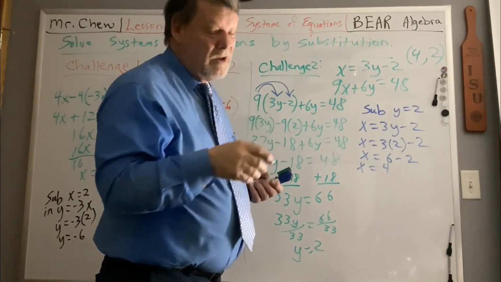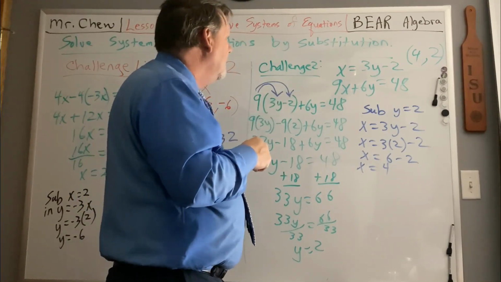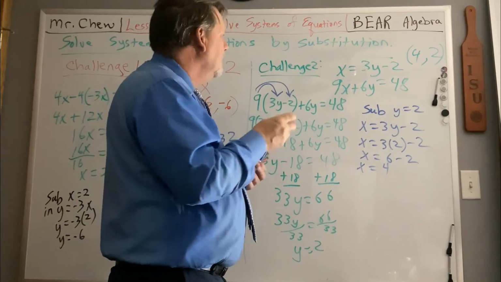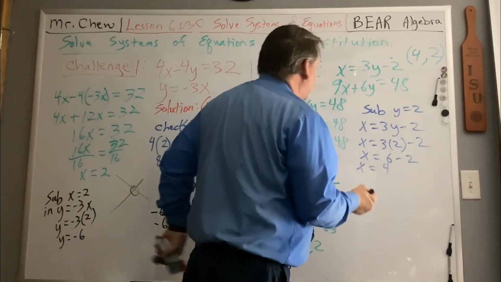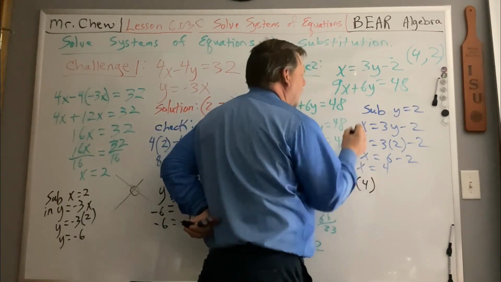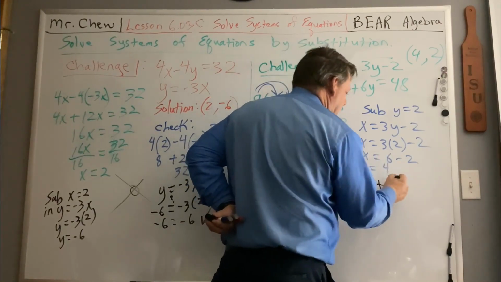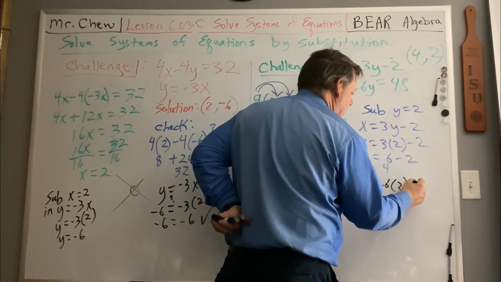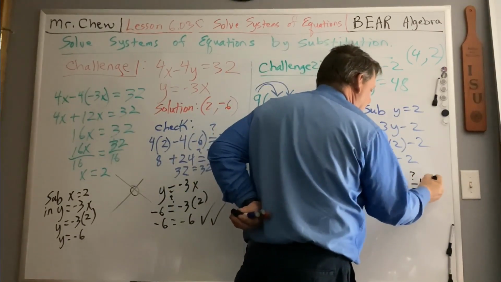Now, do you really think it's 4,2? I don't know, but I can check it by plugging them in. So the hardest one to check is going to be the bottom one. Let's do it first. So I have 9 times 4 plus 6 times 2. Does that equal 48?